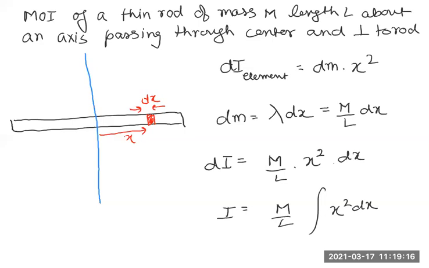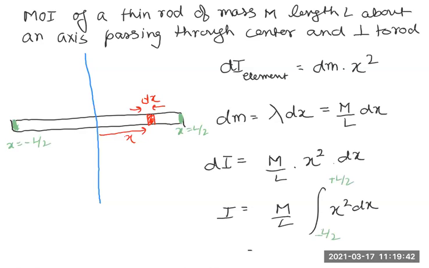And here you should decide the limits. Deciding the limits is easy. Let's look at one extreme and the other extreme. For this, what will be the value of x? -l/2. For this, what will be the value of x? l/2. This goes from -l/2 to +l/2.